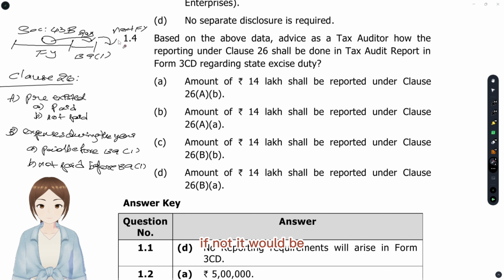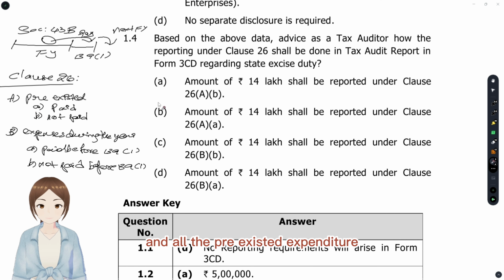If not, it would be allowed in the year in which it has been paid. As per clause 26, they are talking about 26A, B, A, B, B, B, A. Clause 26B(a) is all the pre-existing expenditure, that was expenses of the previous year, paid during the current year. We have to report that amount here.